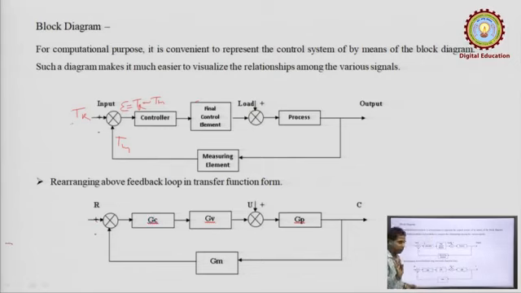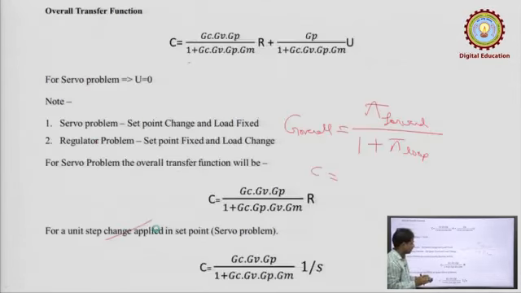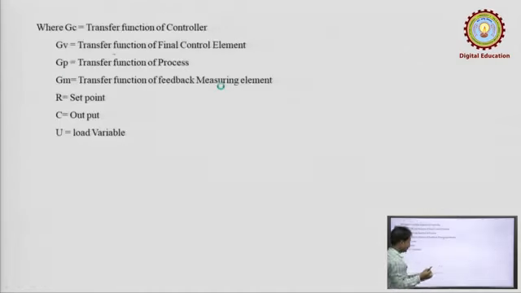In case of the servo problem, meaning set point change and load fixed, U equals 0. In the forward path, GC, GV, and GP occur in series. So that is Pi forward: GC, GV, and GP, the forward path, upon 1 plus Pi loop.